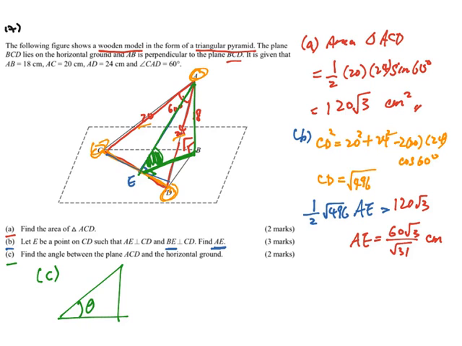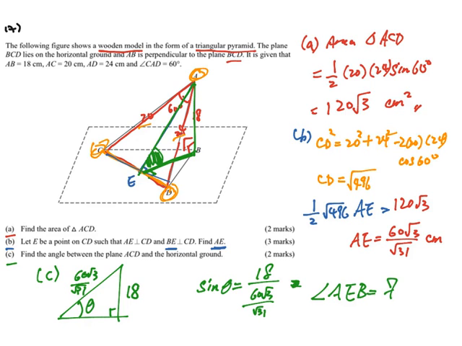For example, suppose it's theta, it is 18, and then AE is this one. So we can use sine theta equals opposite side over hypotenuse. That means shift sine of the whole number. So theta, that means the angle AEB, is equal to 74.7 degrees.